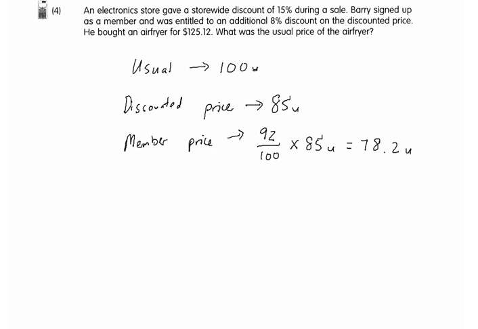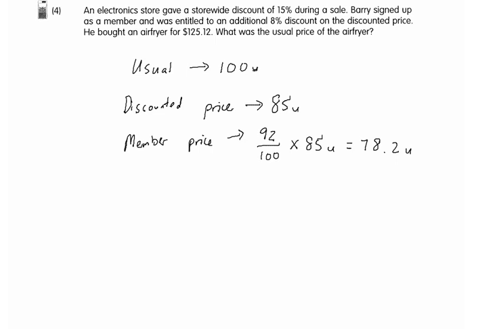That's why I'm teaching you in terms of units. If you start with 100 units, after a 15% discount, you will just pay 85 units. But because you still enjoy a further discount on these 85 units, and it's an 8% discount, you are paying 92% of the price. So at the end of the day, the member is only paying 78.2 units or 78.2% of the original price. Can you see that?